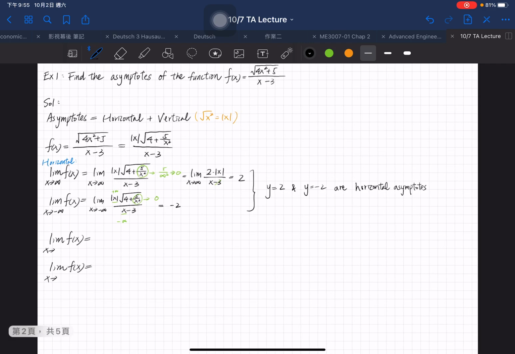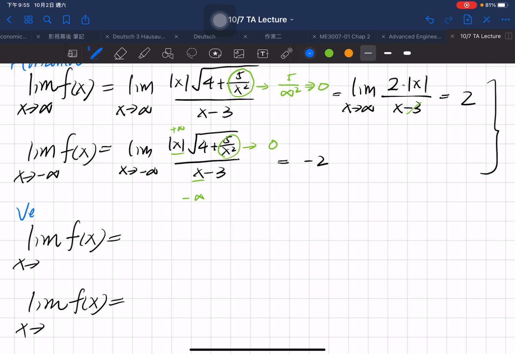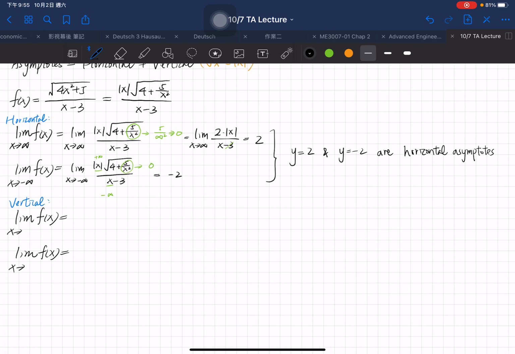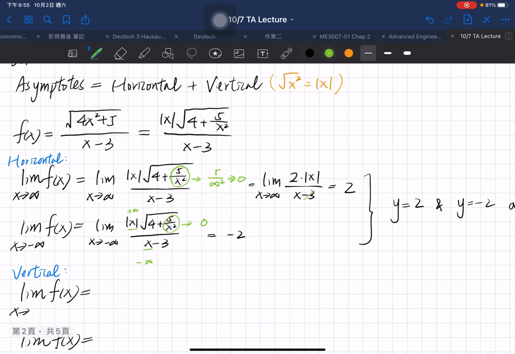Okay, so next we check out the vertical one. So the vertical one, where should we start? The simplest way to see it is that we want to make our f of x go to positive infinity or minus infinity.